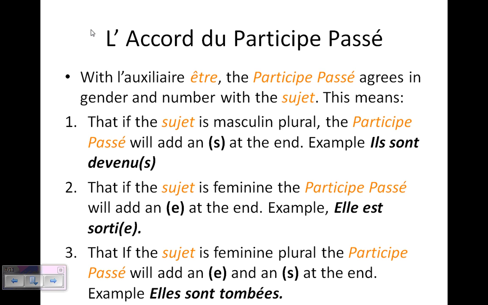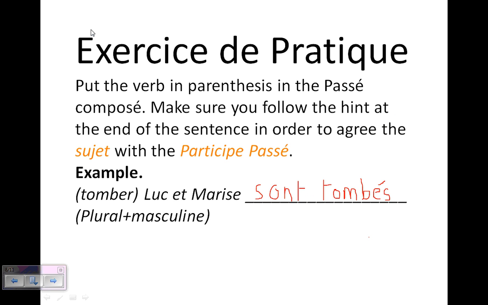And this is the last example that we have. Now, I'm going to give you an exercice de pratique, or a practice exercise. I'll give you a sentence where at the beginning you'll have a verb in parentheses that you have to conjugate. You have to put it in the passé composé and agree the participe passé with the subject that is speaking.